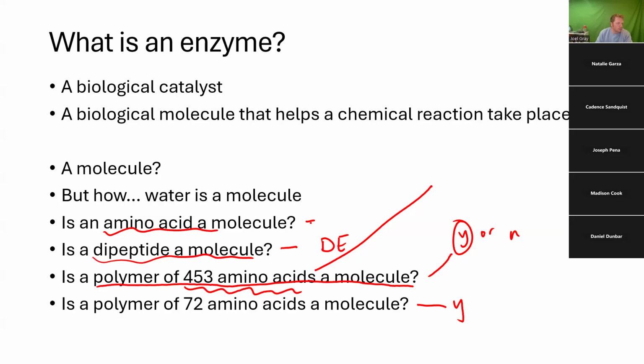So a protein, could everyone give me the letter O in the chat if you agree that a protein is a molecule, and an S in the chat if you don't agree that a protein is a molecule? Yes, a protein is a molecule. Okay, that's an important thing to understand and kind of acknowledge and appreciate.